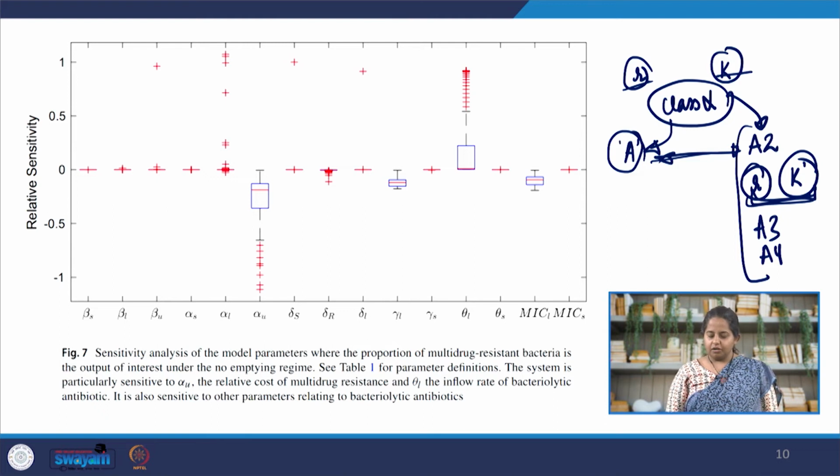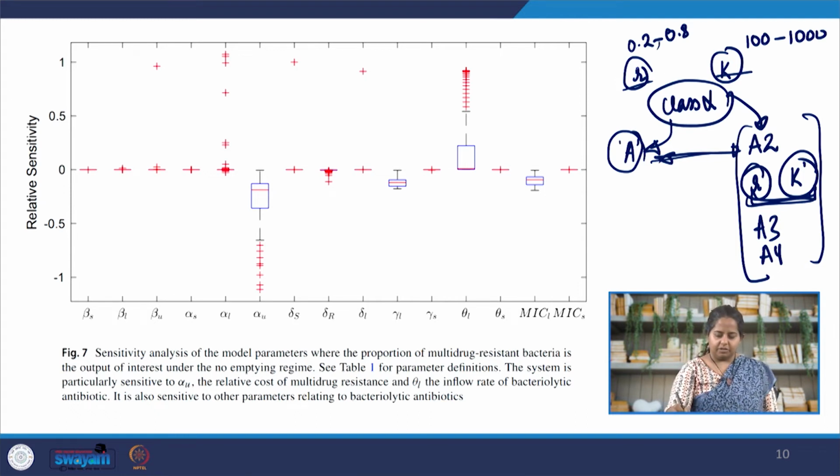So, I can look into the literature for the range of the values, like R varies from, let us say, 0.2 to 0.8, K varies, let us say, from 100 to 1000, and once I have that range I can input a value of R in this range that makes sense to me for my given settings.